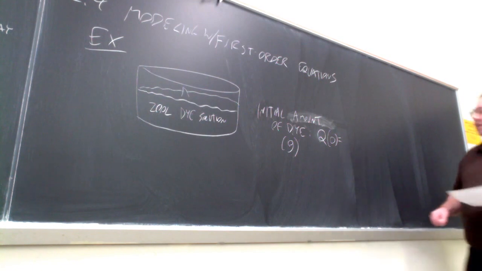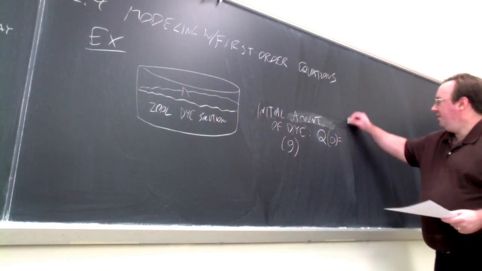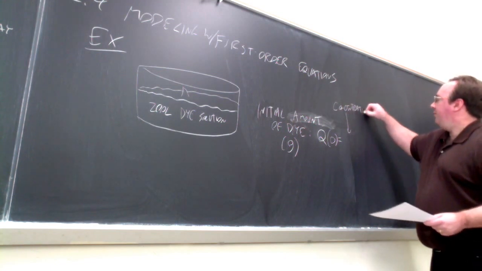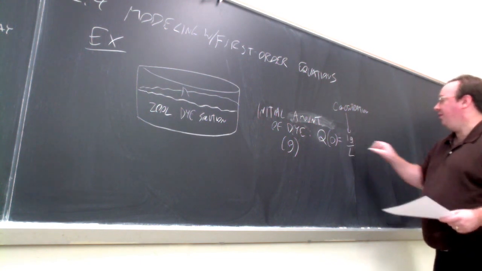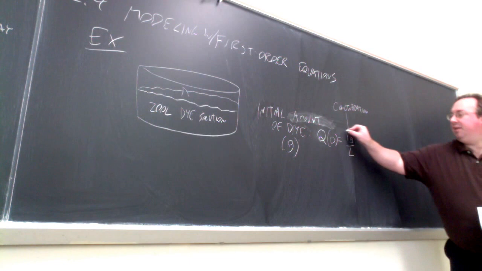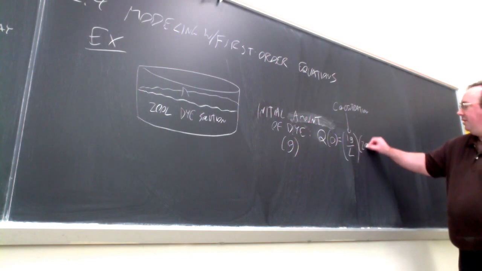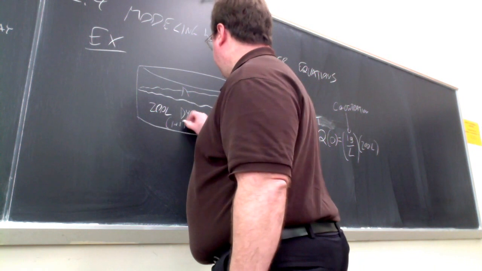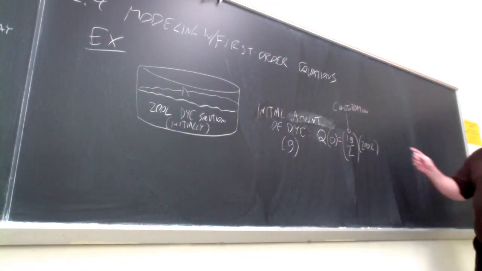Now, the concentration is incorporated into the amount. So we have 1 gram per liter times the volume of our solution, how many liters that we actually have. So since initially we have 200 liters, this is an initial condition, we just work this out.